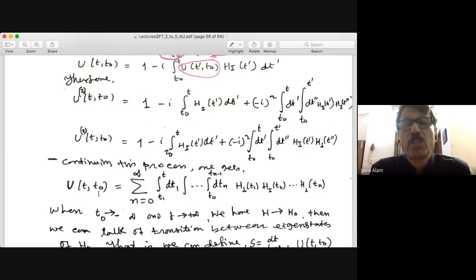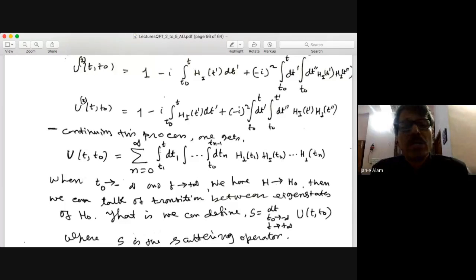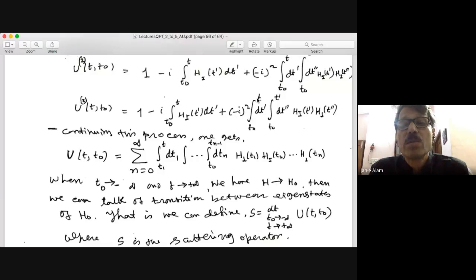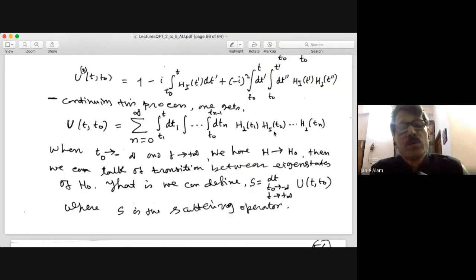And one can show that ultimately, as you go on iterating, the number of integrations increases. From first it was only a single integration, then a double integration, and if you go on, you will get this kind of solution for that differential equation, because this is the solution of the integral equation.